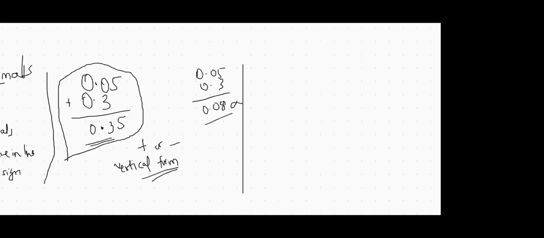Say the question was 0.05 plus 0.3. The student answered 0.08. Then the examiners would ask, what is wrong with the student's solution? Have you all seen such past questions before?